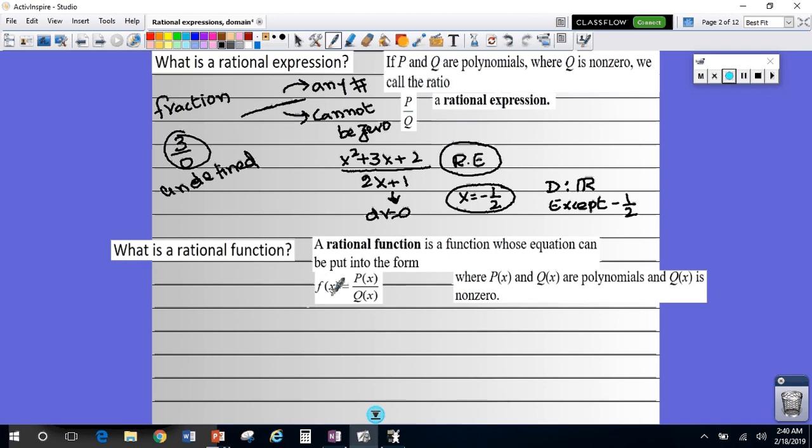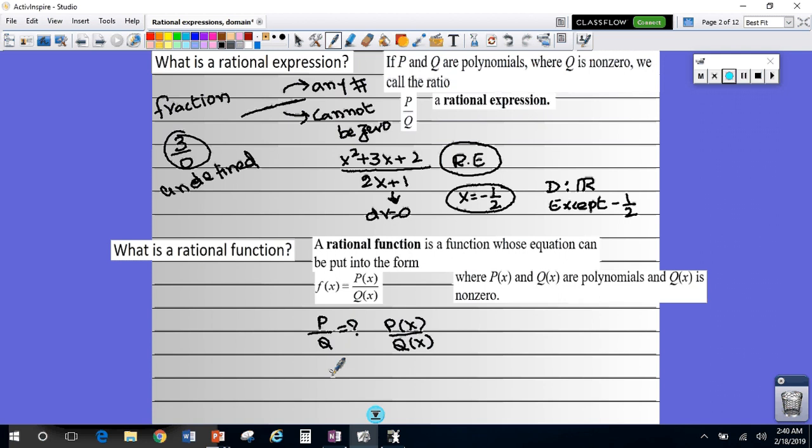Sometimes we represent this by just P over Q, which means P of x divided by Q of x.